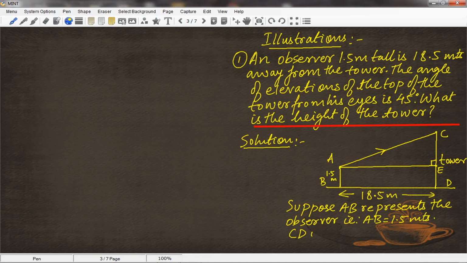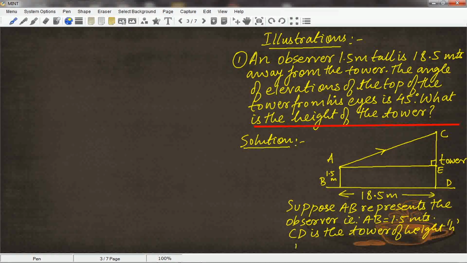CD is the tower of height h meters. BD distance, BD is equal to 18.5 meters.